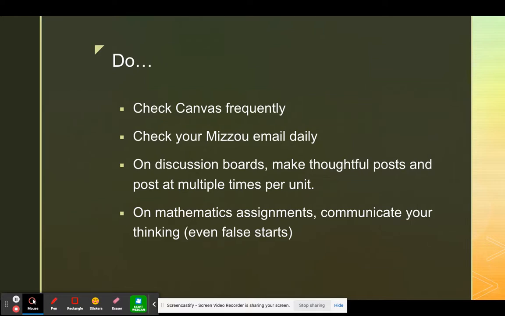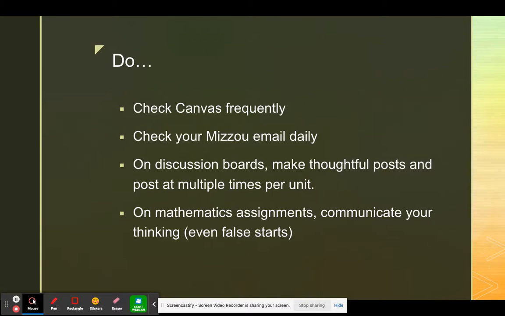On mathematics assignments, please do communicate your thinking. Even false starts, even avenues that you pursued that were not fruitful toward reaching a solution. The focus on those mathematics assignments is for you to think about, how do I communicate my thinking to others? And hopefully, as you engage in those sorts of activities of communicating your thinking, you will think about, how do I want my students to communicate their thinking to me and to the other people in the classroom?